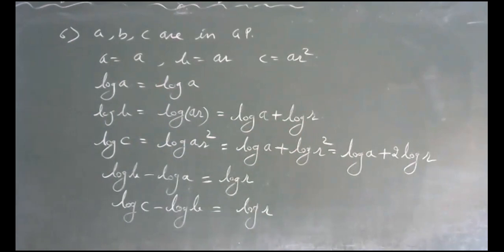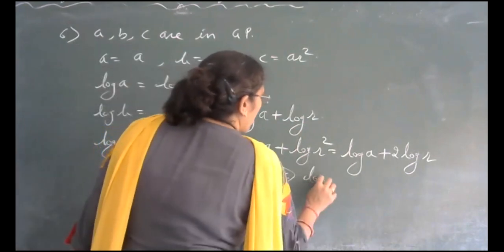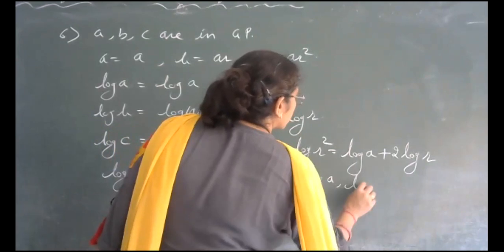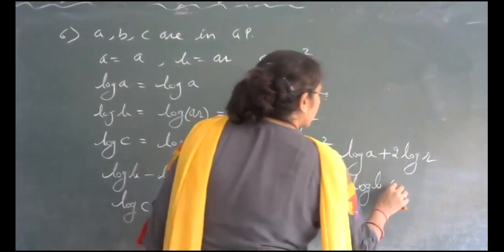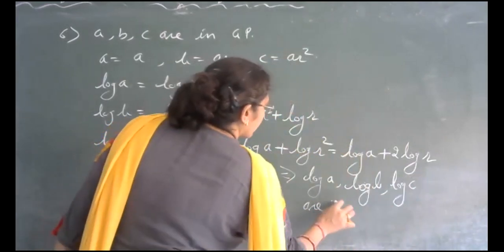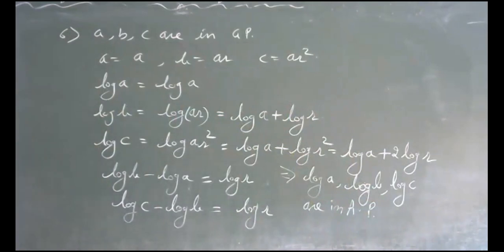So therefore it is an AP, which implies log A, log B, log C are in AP. All three are in an AP series, so the statement is true.